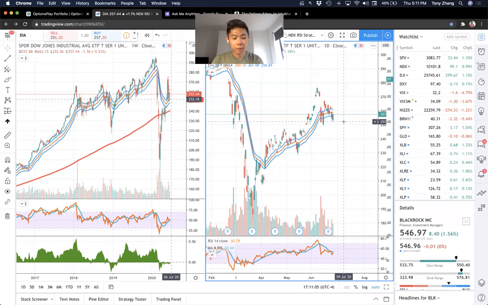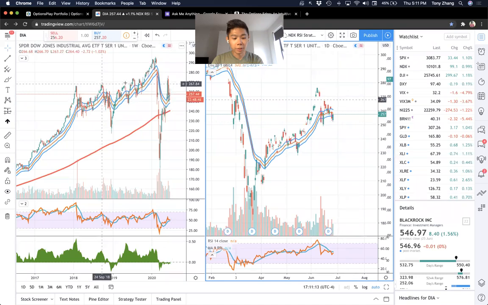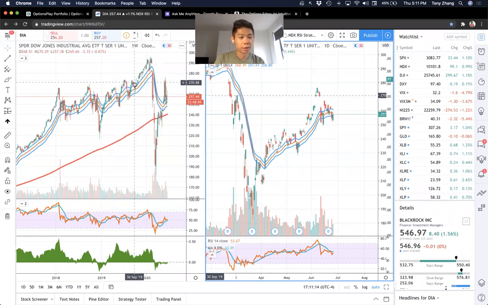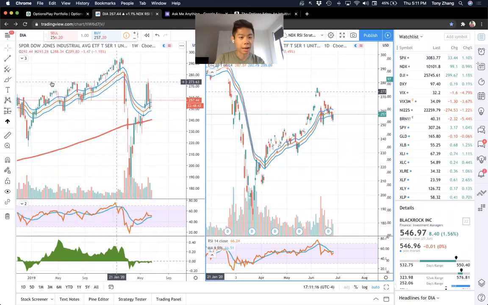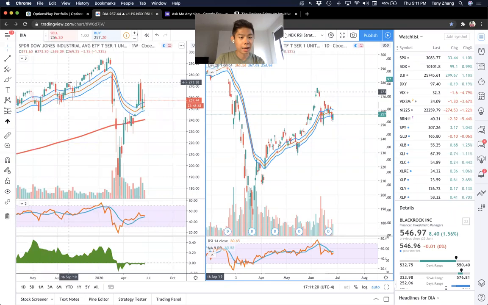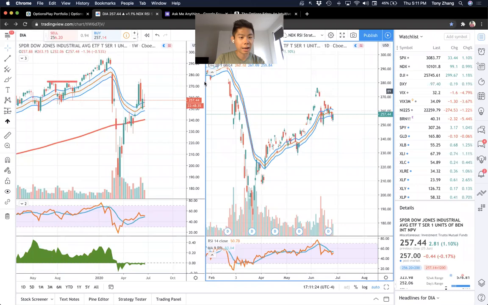So Dow Jones Industrial, very weak compared to the S&P, has not managed to reclaim the relative highs. Back here in July and back here in September in the breakout, DIA, this was 273, and it has not been able to reclaim that.